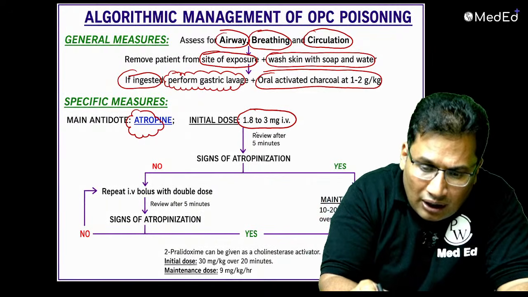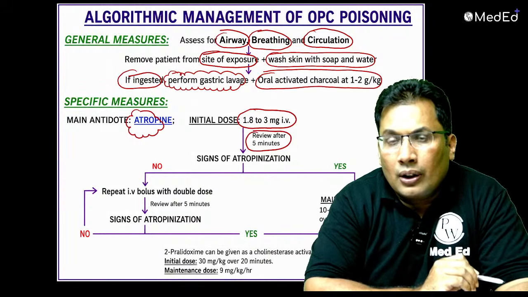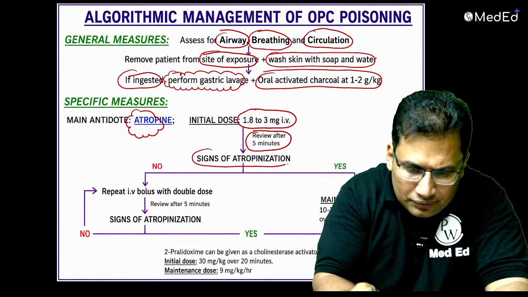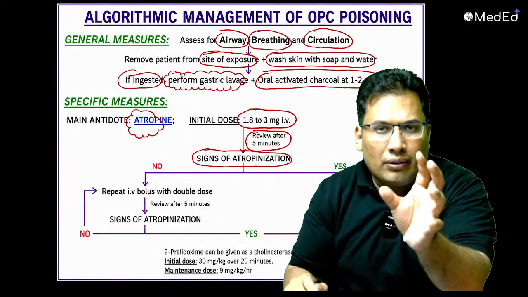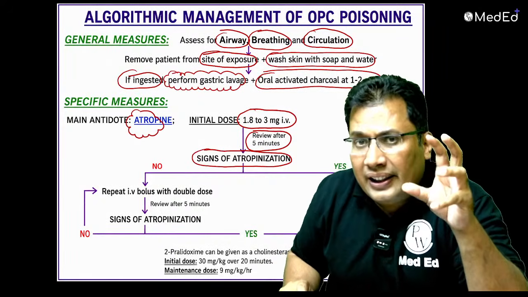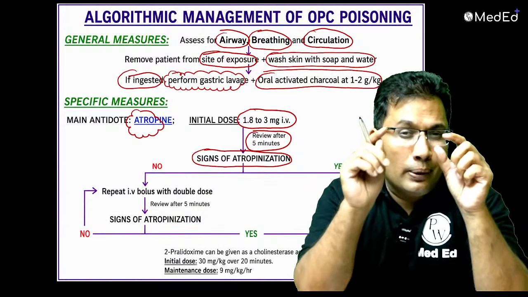Review after 5 minutes. Look for signs of atropinization. Then again, what are the signs of atropinization? The earliest sign is pupillary response, so there will be pupil dilation.